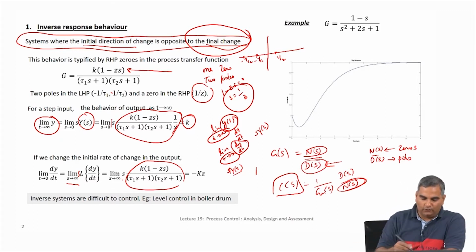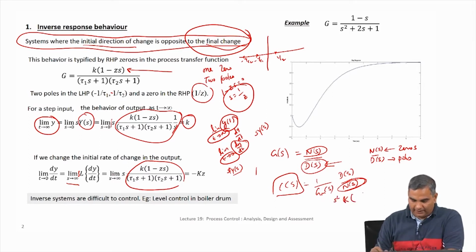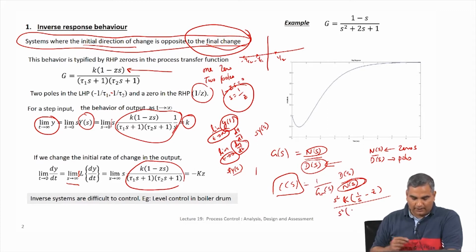So, when you do this math here, you take the s out of this, then what you will have is s squared times k times 1 over s minus z divided by, if I take both s's outside, I will have s squared, okay. Since I have taken the s squared out, I will have tau 1 plus s, tau 2 plus s, okay.